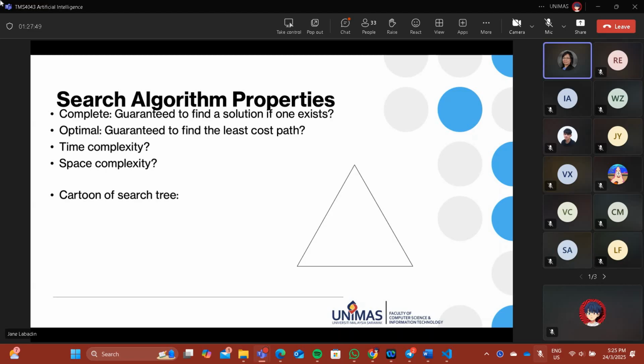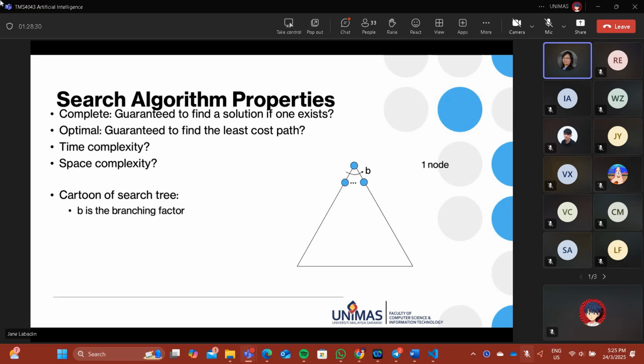This one is just a cartoon of a search tree, looking at these properties. You start off with a node at the root, then you have your branching. It depends on how many branches you have, so you need to consider the branching factor.